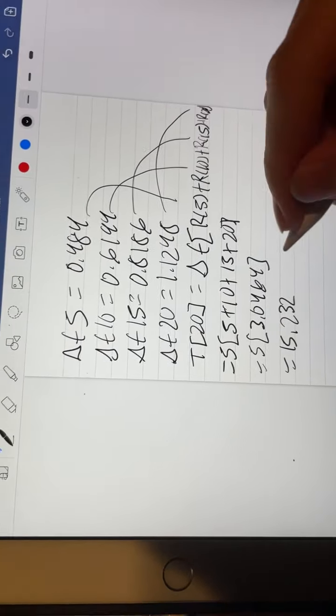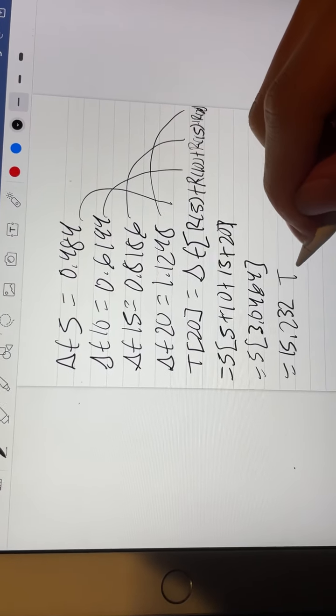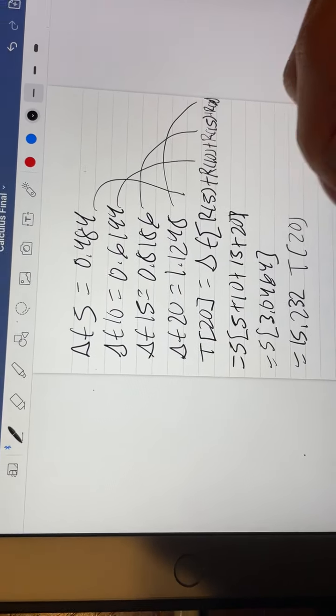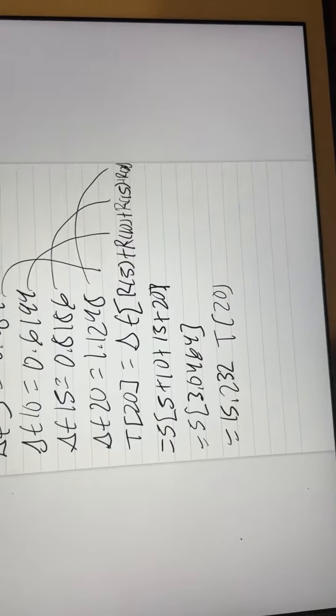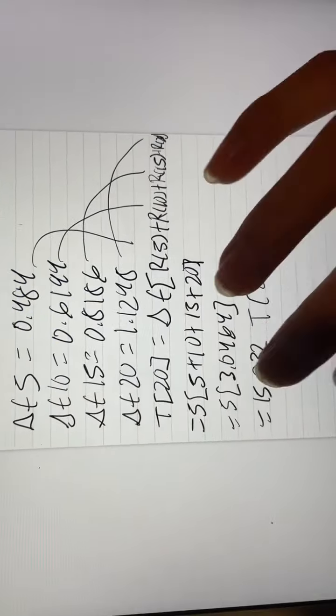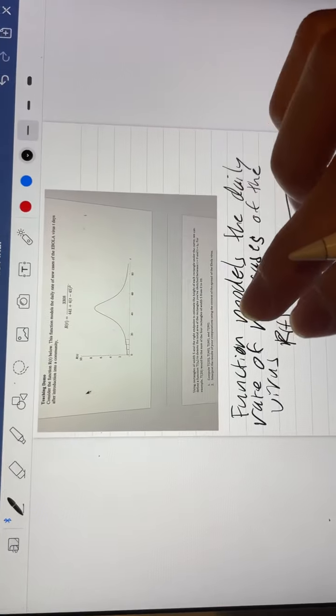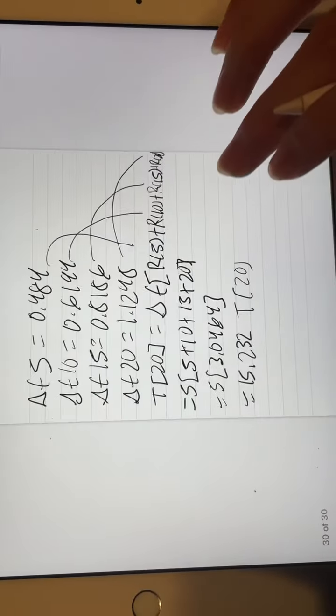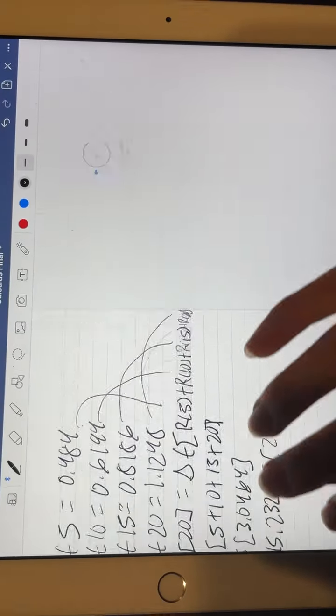Okay, so that's for T20. Now let me go back a bit. So it was for T20, 240, 260. Okay, so then you just continue doing this.